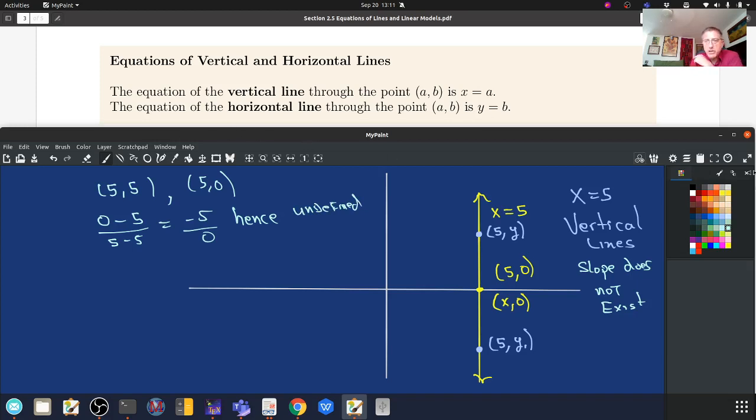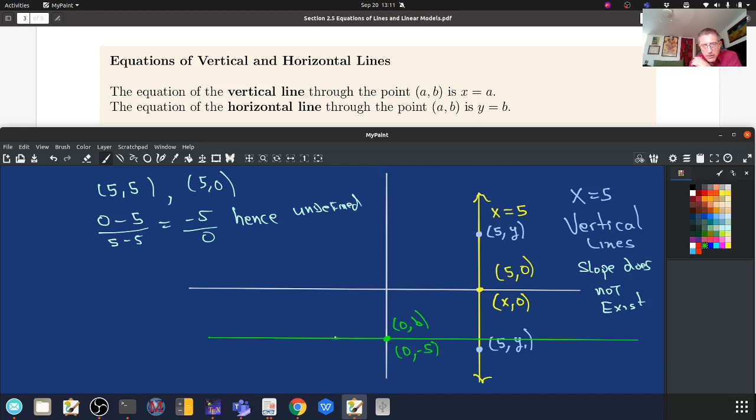Now the equation of a horizontal line, I'm going to draw a horizontal line here, and we will hone in on this point right here. The x value is 0 and the y value is some b. Let's just say it's 0, minus 5.